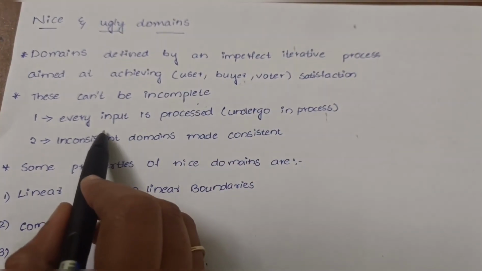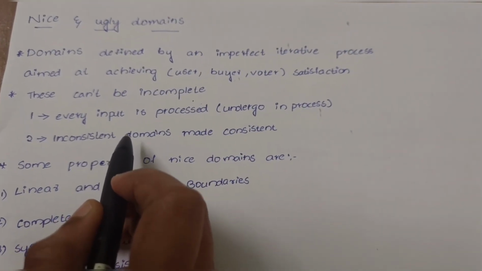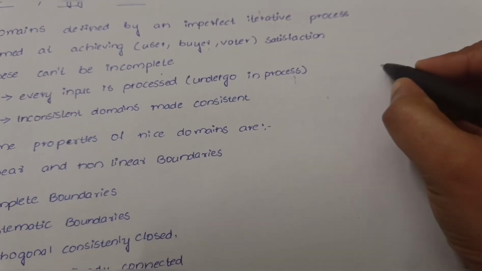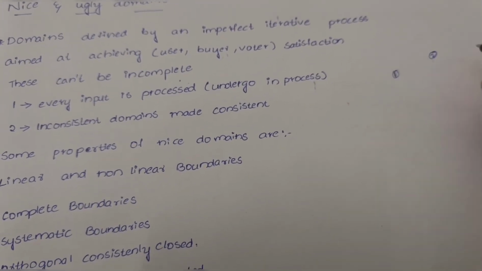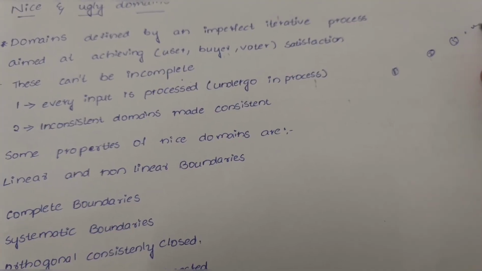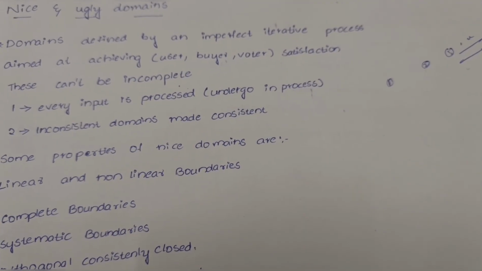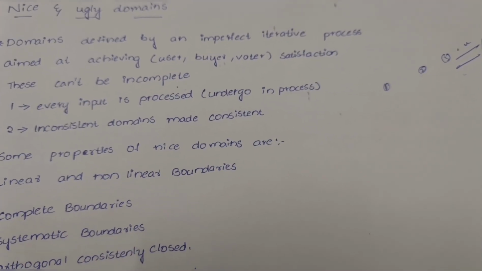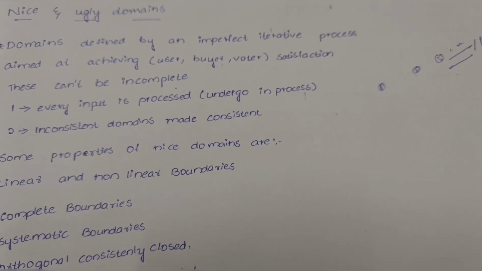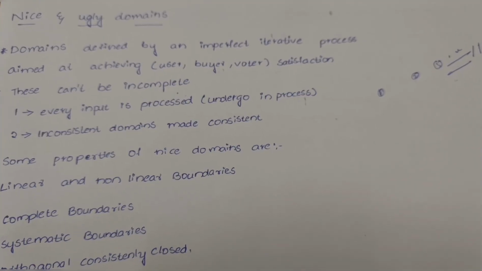Okay, next, firstly, every input is positive, which means we can have like 1, 2, 3 or 4 like this. Every input should be processed and none of the inputs will be left unprocessed.